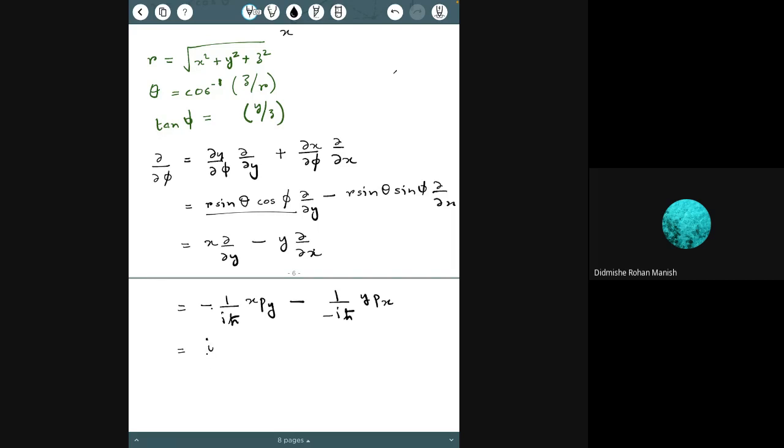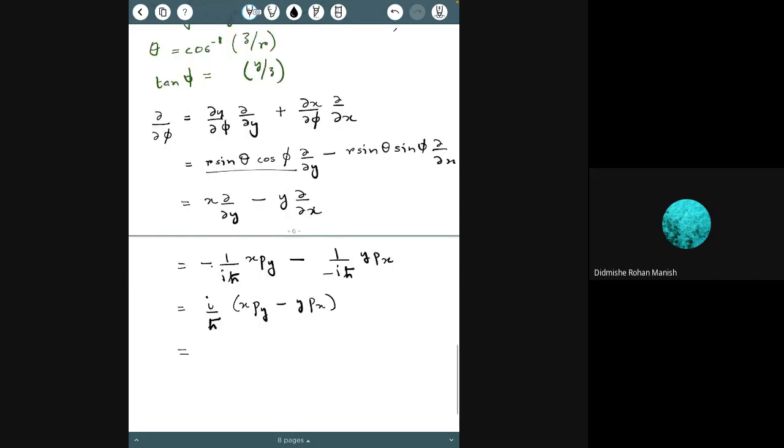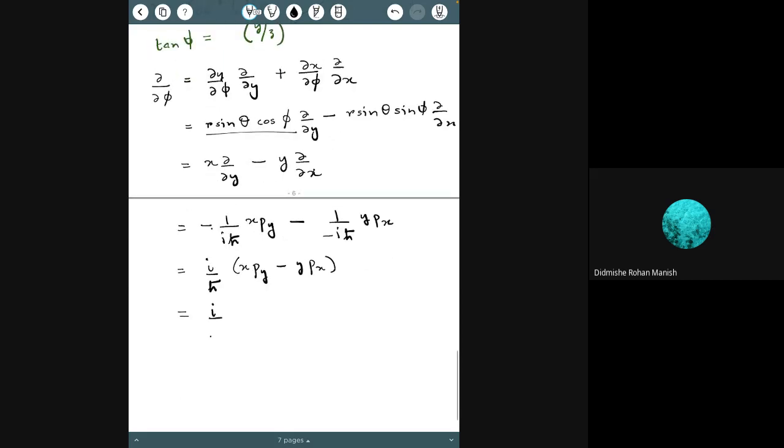So I have i by ħ times x py minus y px, which is equal to i by ħ Lz, which means that the Lz operator is equal to ħ by i ∂/∂φ.